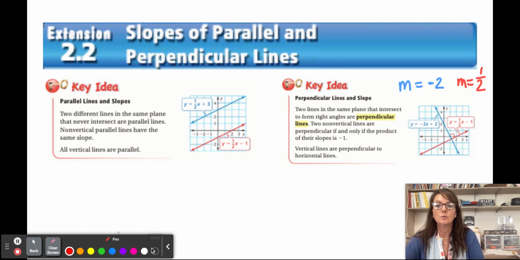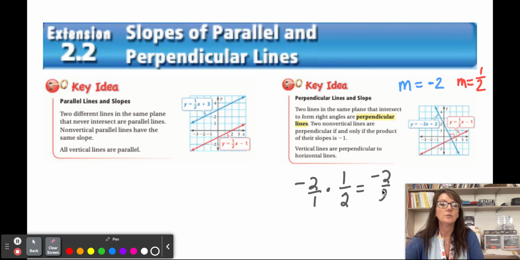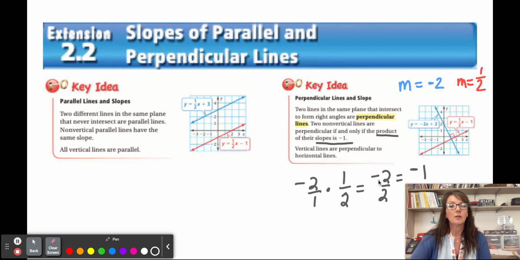If you were to multiply them, right? -2/1 times a positive 1/2, the product becomes -2/2, which is equal to -1. So that's what it means when the product of reciprocal or perpendicular slopes, or perpendicular lines, their slopes' product is -1.